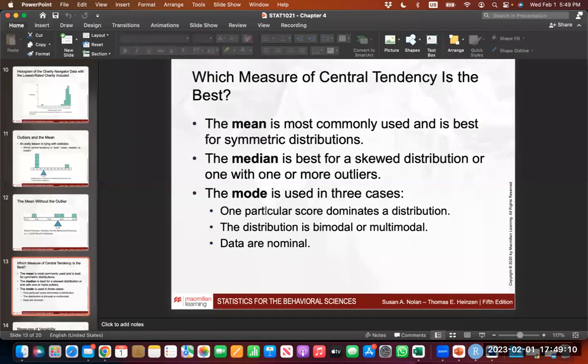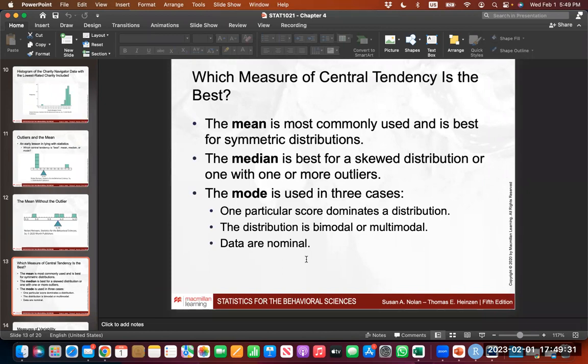And yeah, the mode is basically used in three cases. This is when you have one particular score that dominates the distribution; when you want to describe your distribution as either bimodal, unimodal, or multimodal; and when the data is nominal.